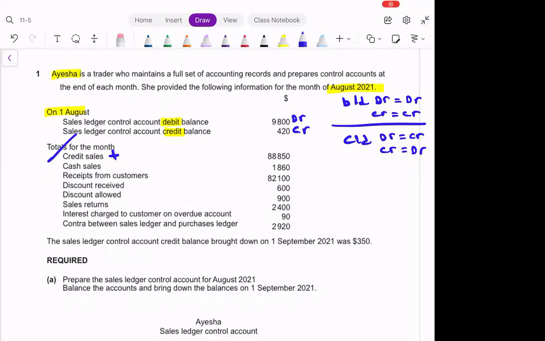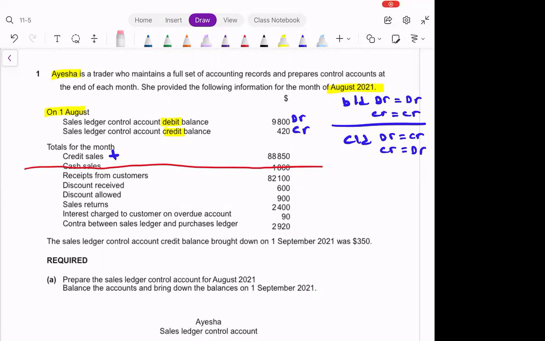No. No means, can you record here? No. Remember this, cash sales cannot be recorded in the sales ledger control account because it's not related to trade receivable. Because it's not related to trade receivable, you cannot record that in your sales ledger control account. You get it? Okay.